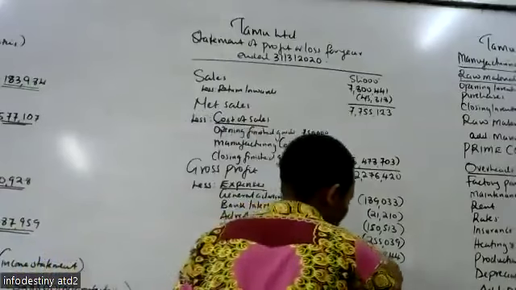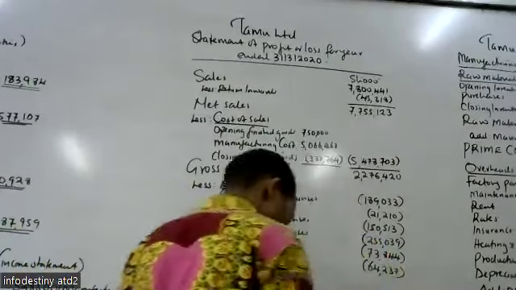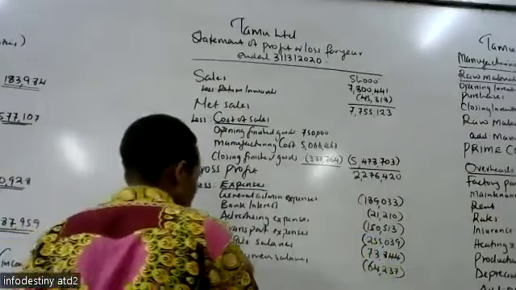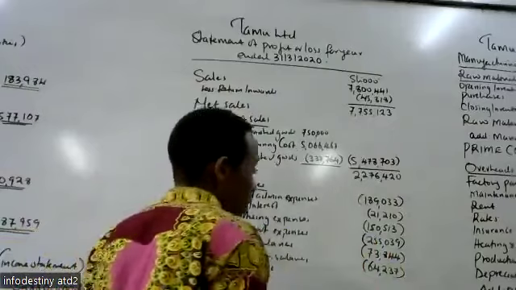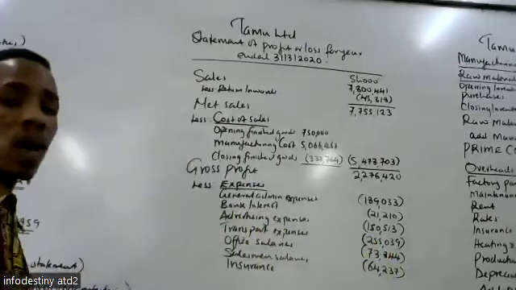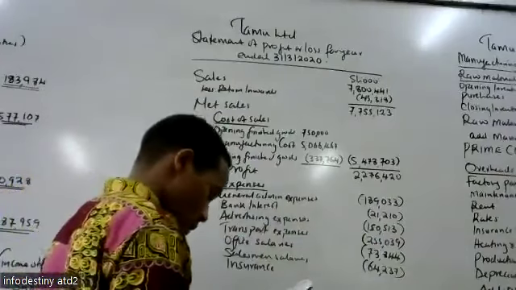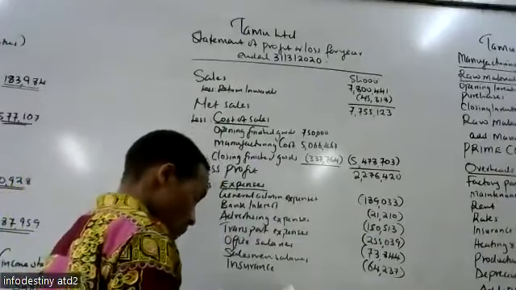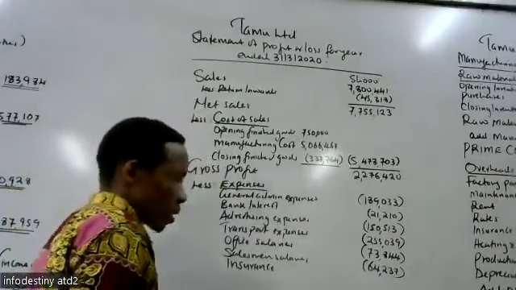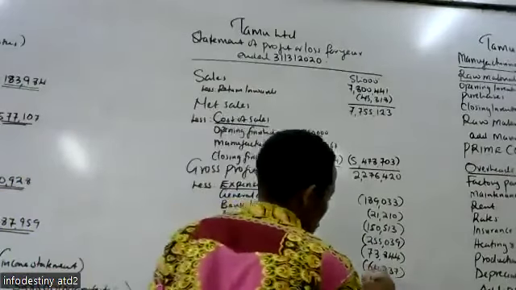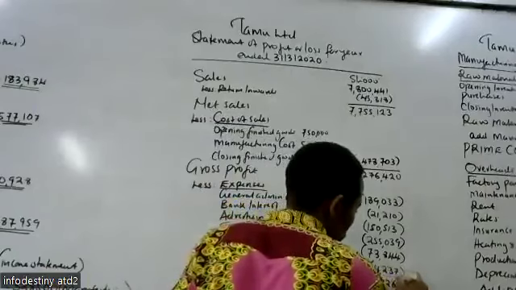Then we proceed to insurance, the 1/6 of insurance, 81,326.5.